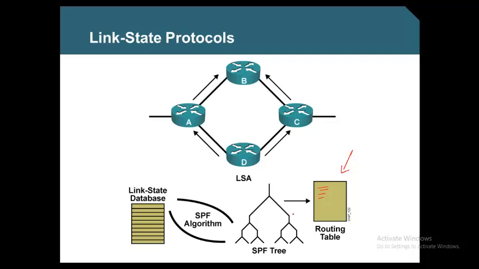If there are multiple paths, say for example, A has got 2 paths to reach the network behind C, 1.1.1.1. Let's say the cost is 1, 1, 1 and 1. If you go this way, it is 1 plus 1 plus 1, 3. If you go this way also, it is 1 plus 1 plus 1, 3. OSPF can take both the paths.